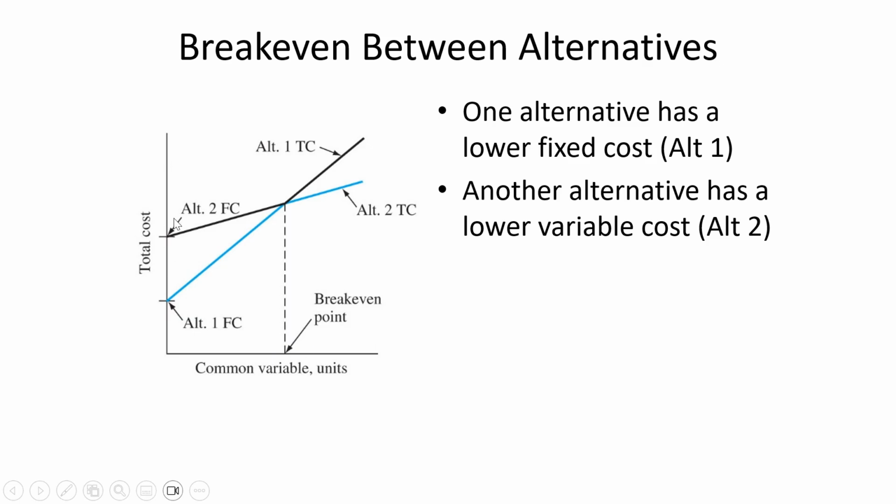The vertical axis is cost. Here, alternative 1 has a cheaper initial purchase price, but when you actually use it, it's more expensive per unit of production. Whereas alternative 2 has a more expensive initial purchase price, but then you can use it with a lower cost per unit production.